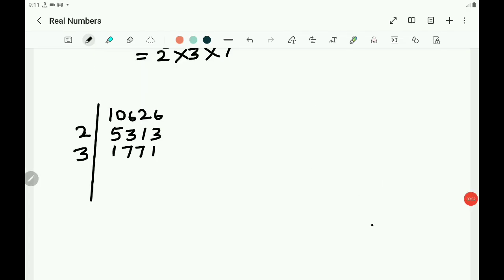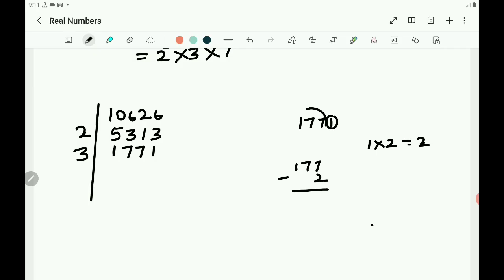Now you check by 7. Check whether 1771 is divisible by 7 or not. You take that number 1771. The unit digit is 1, so you double it. 1 into 2, 2. Then you take the remaining truncated number 177 minus 2.